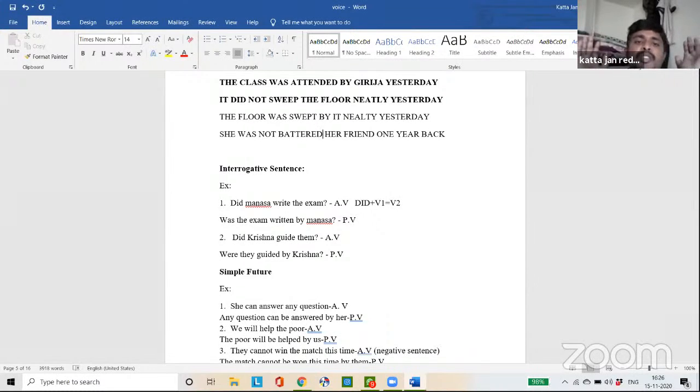Here I added battered: she was not battered. Now is it right? Still it is wrong, because it should be "by" after V3. So now: she was not battered by her friend 1 year back.